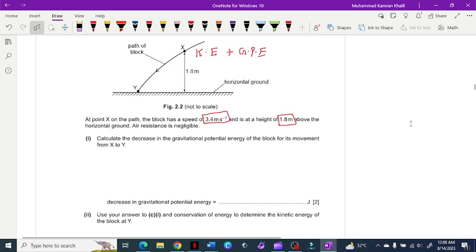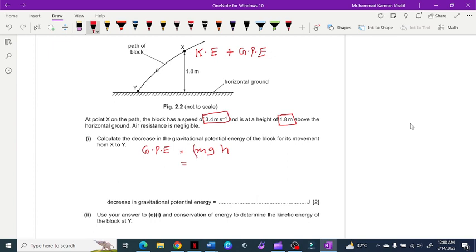So now we will first of all write down the formula. GPE, always remember, write down the formula, mgh. Now what is the value of m? m is not given. Instead, the value is given directly in Newton.